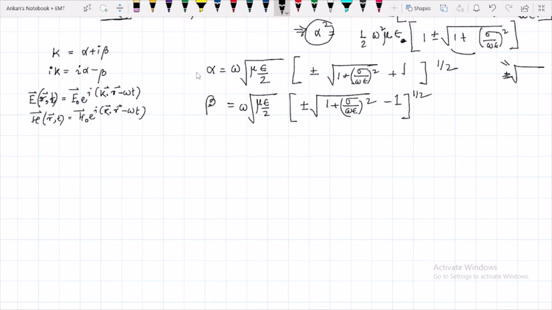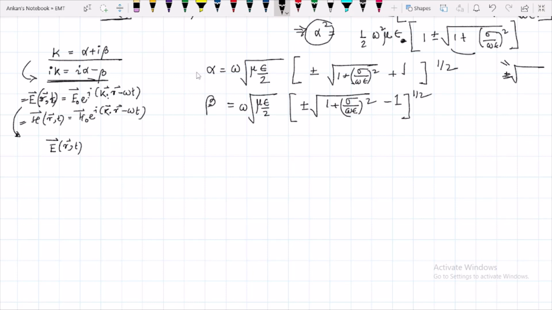So by putting the value of ik, which is more general, you will be able to obtain it in terms of alpha and beta.